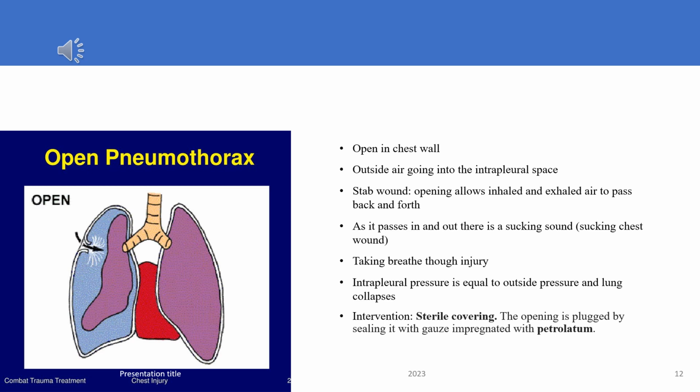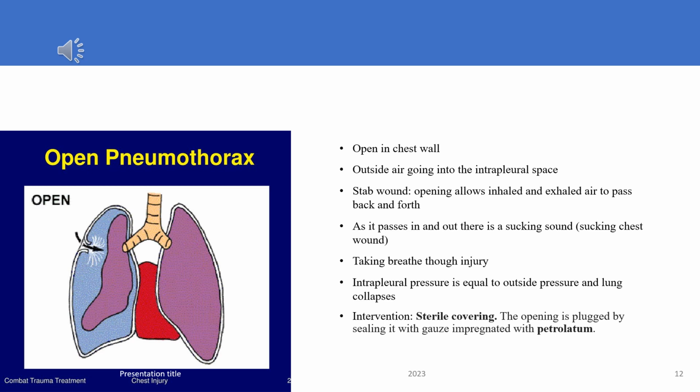So the intrapleural space becomes equal to the outside pressure and the lung collapses. Remember, our lungs love negative pressure. But now this pressure is equal to the outside pressure, so the lung loses negative pressure and it collapses. What you want to do is put a sterile covering over the opening. The opening is plugged by sealing it with a gauze impregnated with petroleum.